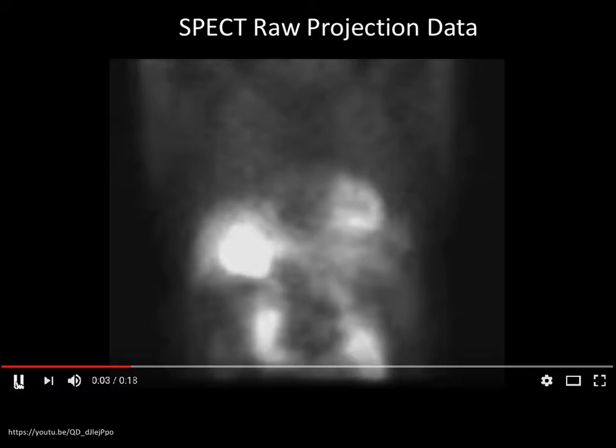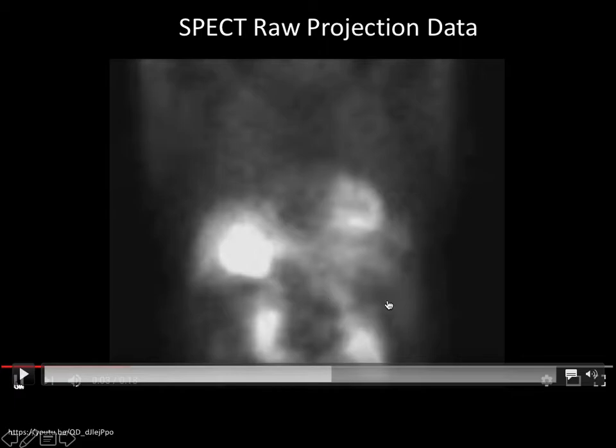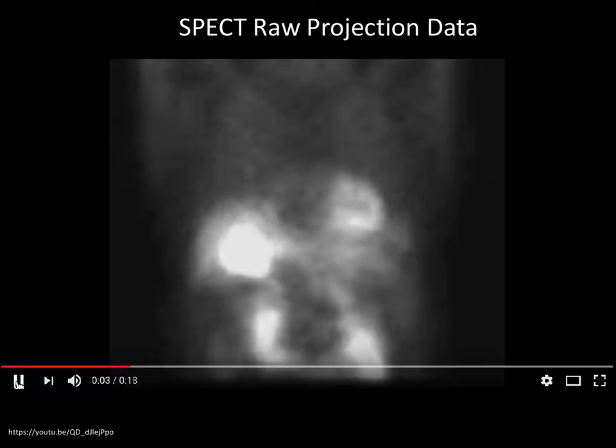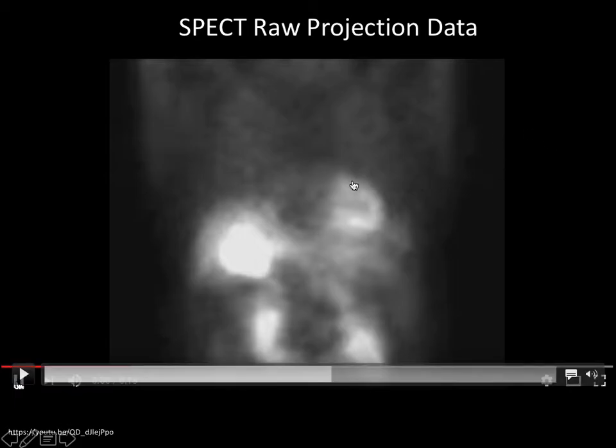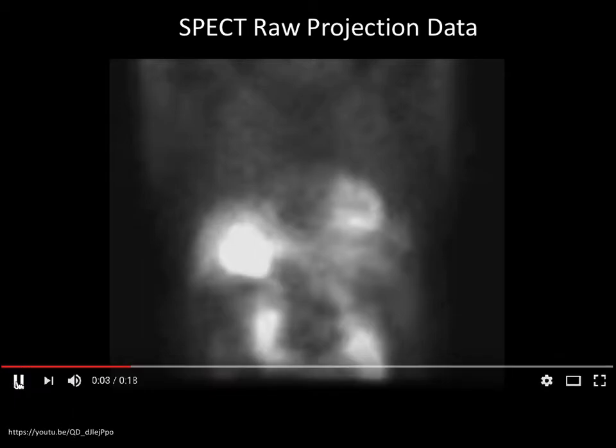Let's say all we could do is one view. It kind of gives you an estimate of what's going on here. The problem is you can't really see where in the heart, if there is a deficit, it would be very hard to detect here because it's a projection, and so you don't really know if maybe the posterior wall is low. You just can't see it because it's covered up by something else. So that's why you do the 3D.